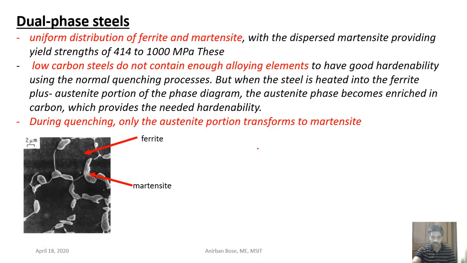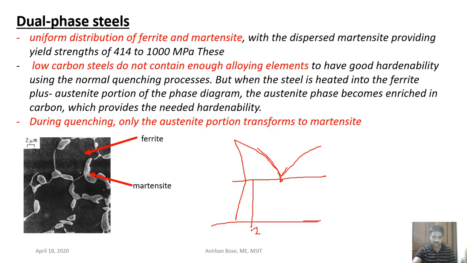if you remember that portion, okay, so this is say 0.76 percentage of carbon, and suppose you have a low carbon steel, so at this level the carbon percentage is very small, say 0.2%.